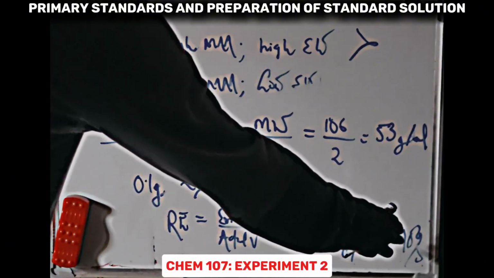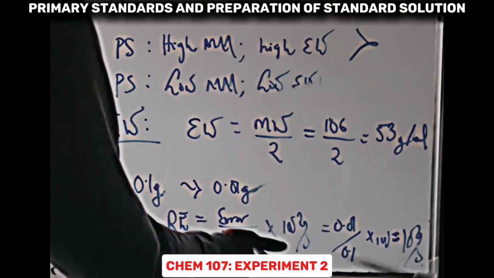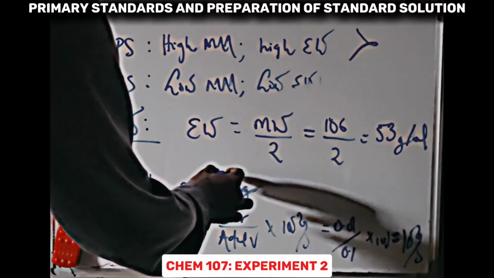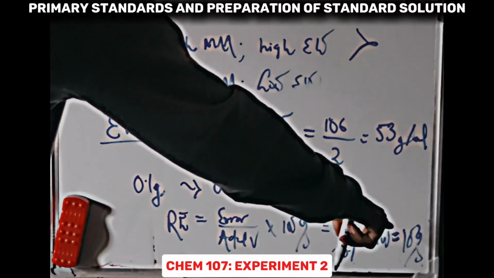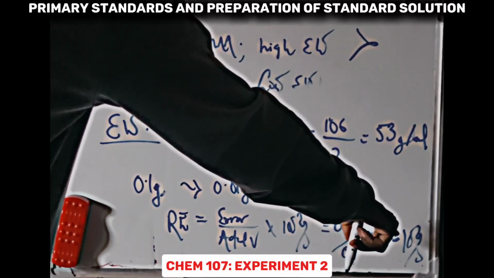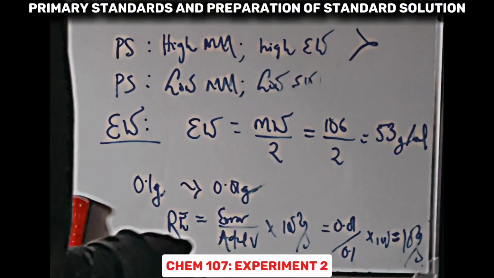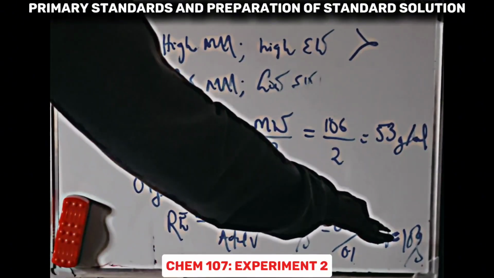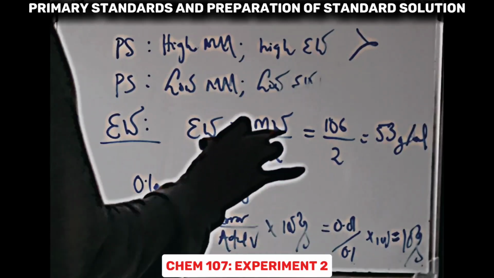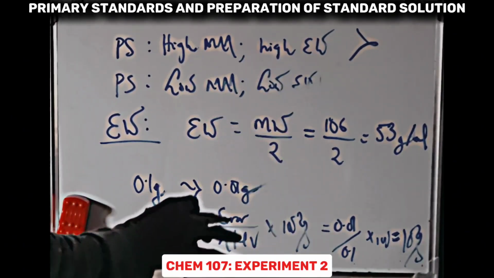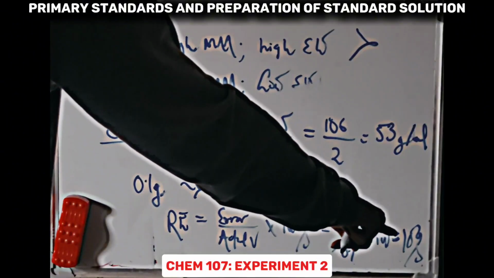So the error encountered during weighing due to the balance could result in a very high relative error. In that case, the prepared secondary standard solution could be 10% off.